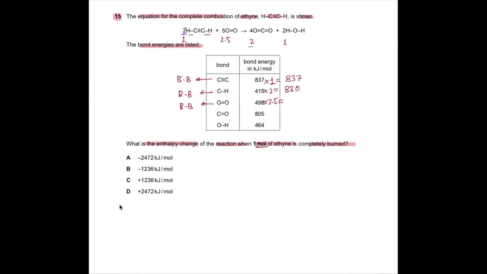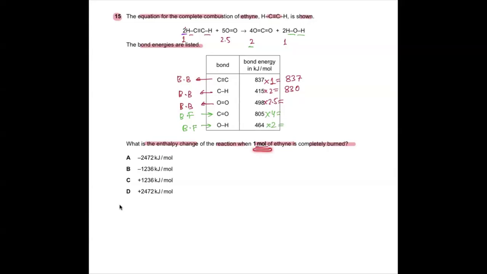If 2 carbon dioxide are formed, 1 has 2 bonds, so 2 has 4 bonds. So the bonds formed are 805 times 4. And 1 water has 2 O–H bonds. Sir, why are we dividing the O double bond in half?